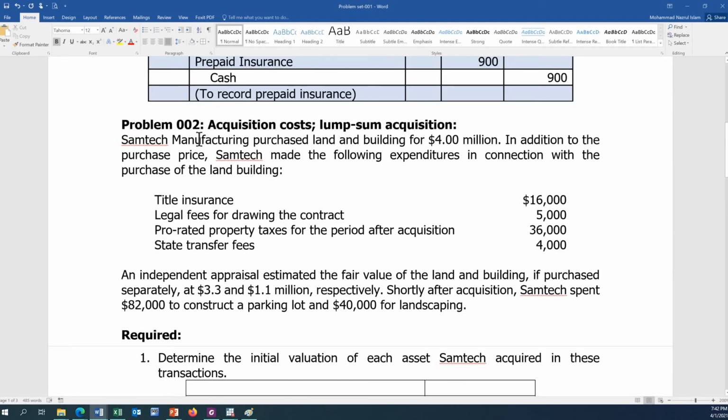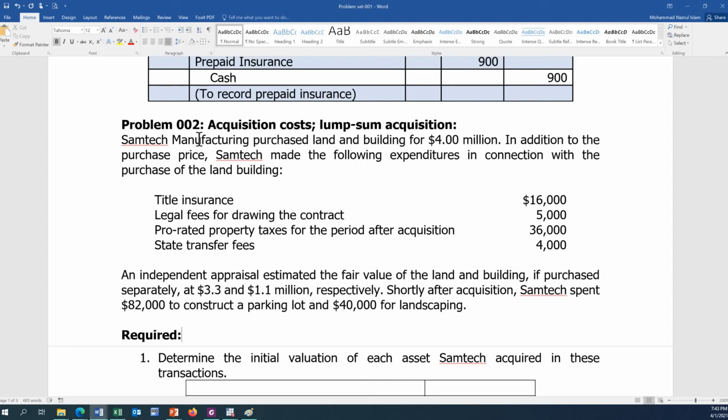Samtech Manufacturing purchased land and building for 4 million. In addition to the purchase price, Samtech made the following expenditures in connection with the purchase of the land and building: title insurance 16,000, legal fees for drawing the contract 5,000, prorated property taxes for the period after acquisition 36,000, and state transfer fees 4,000.